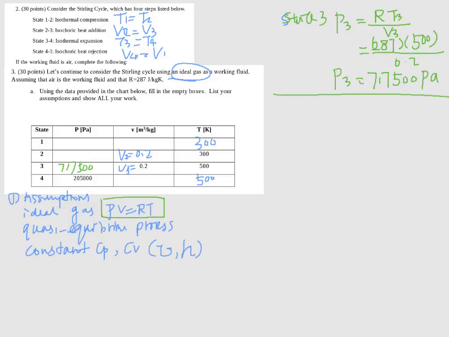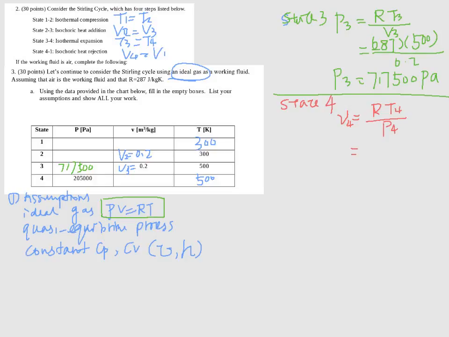Now we can move to state 4. For state 4, we also have two knowns and one unknown, so we can use the ideal gas law to solve for the unknown, which is the specific volume. So V4 is equal to RT4 divided by P4, and here we know everything again.